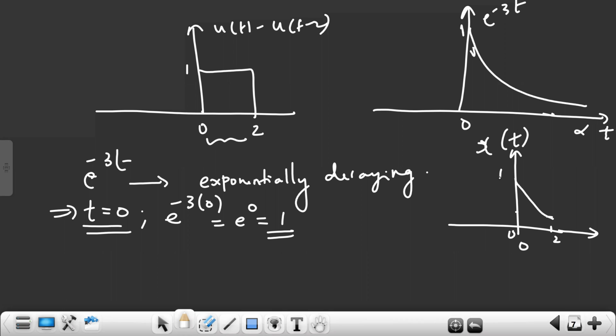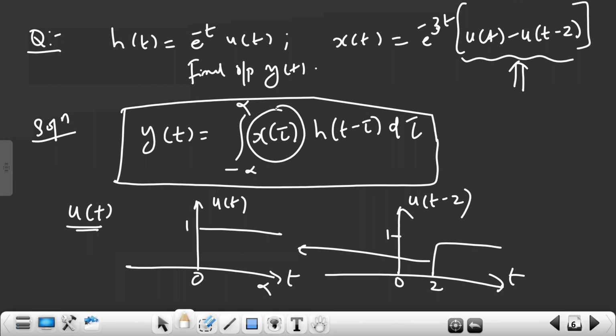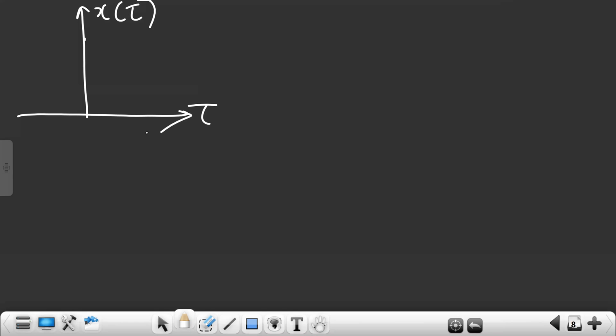But when you observe our equation for y of t, we need to plot x of tau. So what we have to do is just replace t with tau. The graph is not changing, only your x-axis label is going to change. So it will be like this. So this is your x of tau.